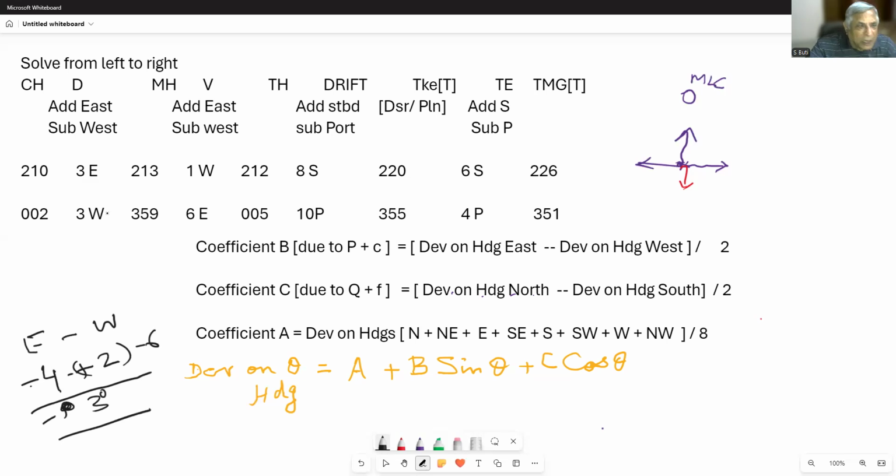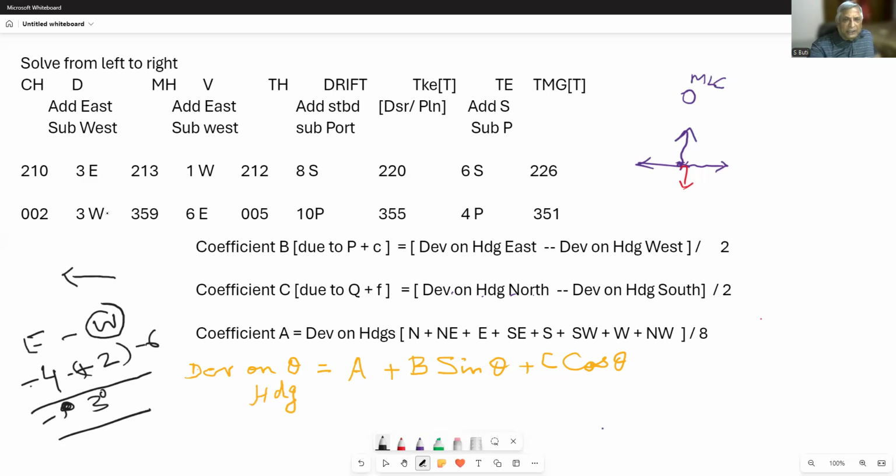And now we will correct for this coefficient of -3 degrees. At the moment, we have reached heading west. So on this westerly heading, with the help of an adjuster, micro or electromagnetic corrector, we will correct our coefficient B. So these questions are often asked. What is coefficient B? What is coefficient C?